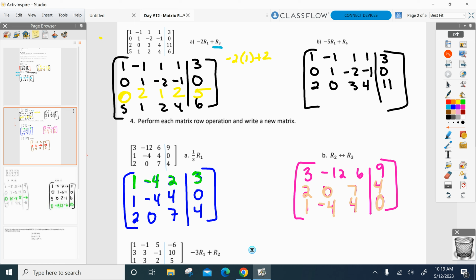Okay, ready? So in the first spot, negative 5 times 1 is negative 5 plus 5. I should have a 0 for that first spot. Let me know if the numbers don't match and you want to see how I got it. I got a 0 there. Next one, I got a 6.